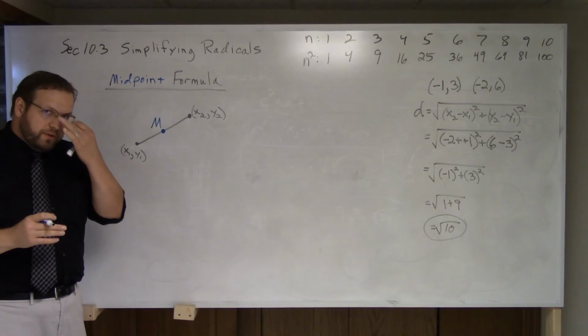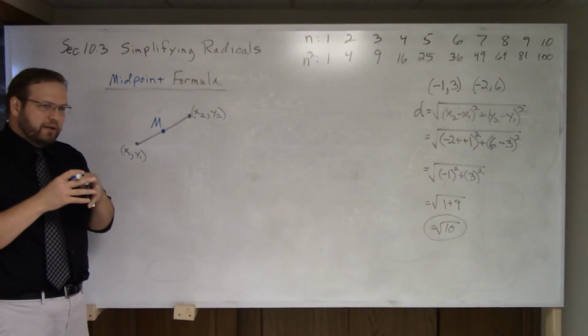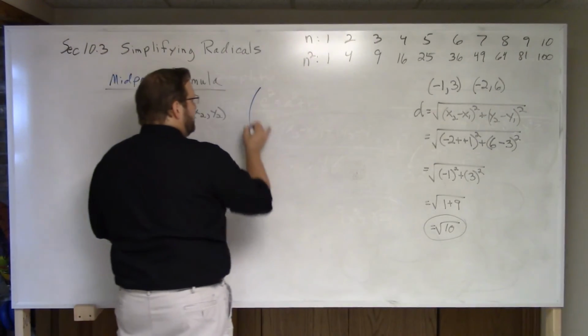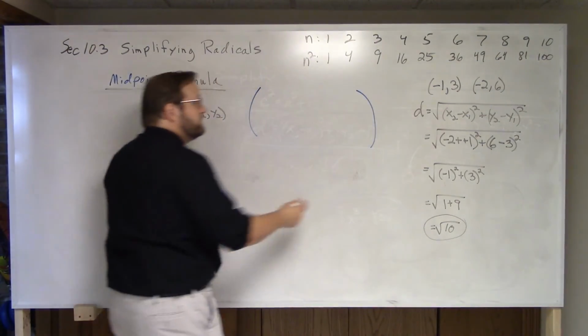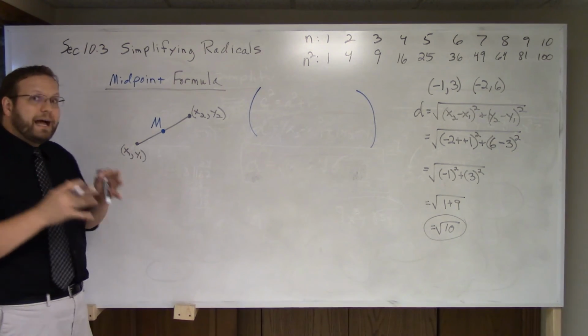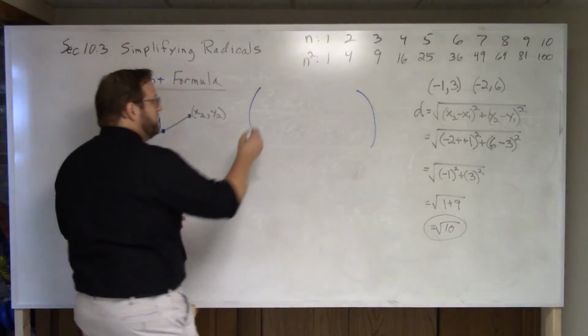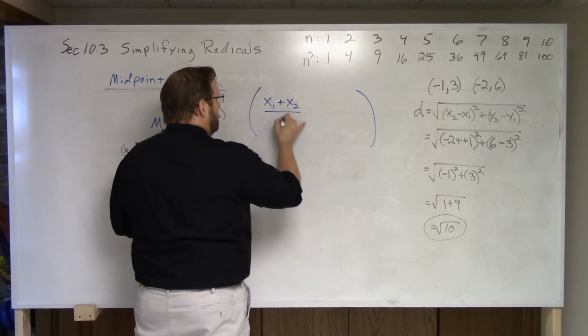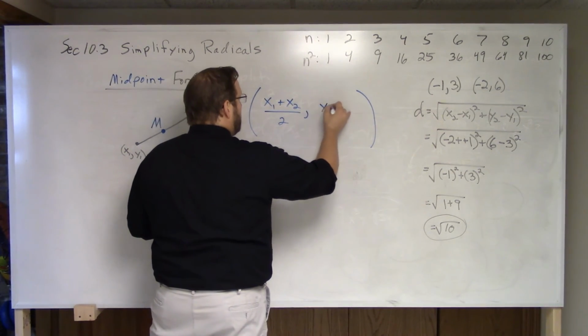Now, in order to do that, we're not going to create a normal looking equation. What we're going to do instead is build a model to find a new ordered pair, because we're looking for a point.